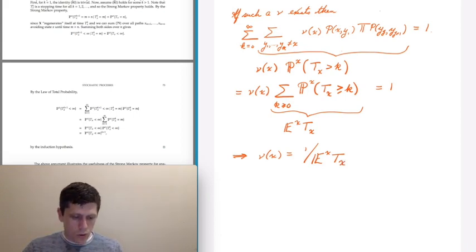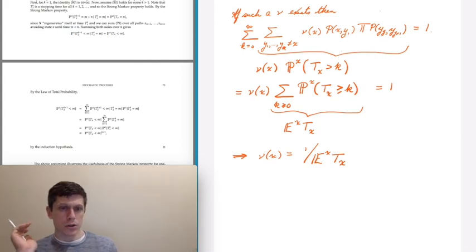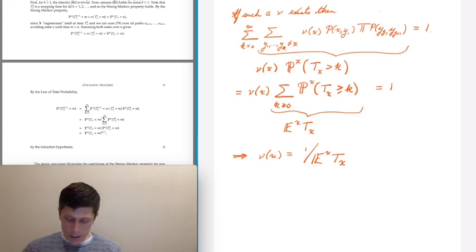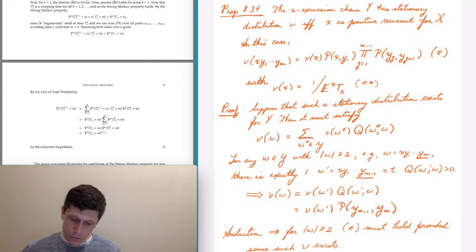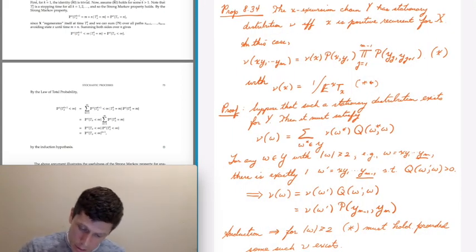And this is only well defined, of course, in the case where this expectation is finite. Otherwise, it's going to be 0 for all values of x, because we know that recurrence and transience are class properties.